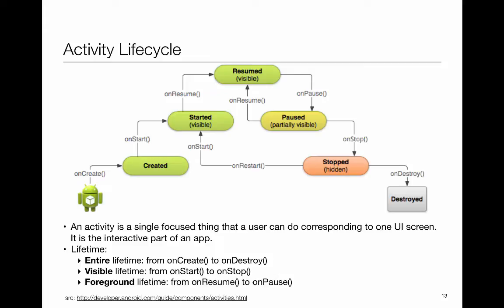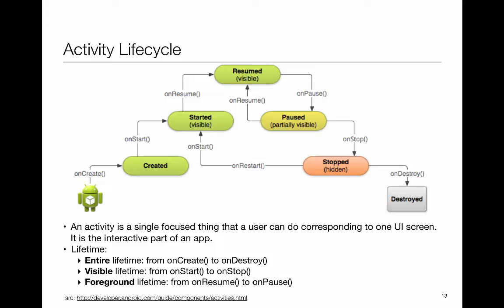There are several lifetimes of an activity. The entire lifetime is from create to destroy, defined by 2 callbacks, onCreate and onDestroy. This is the part where the activity gets created and destroyed regardless of whether it is visible or not.